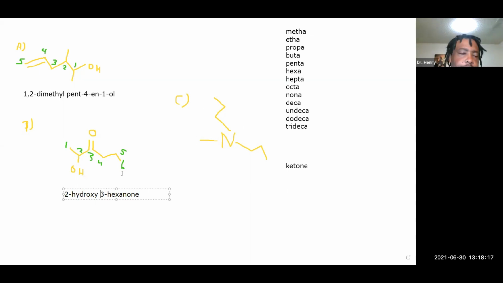Okay, what about C? This is 1 carbon, this is 2 carbon, this is 3 carbon, this is 1 carbon, this is 1 carbon, this is 2 carbon, this is 3 carbon.